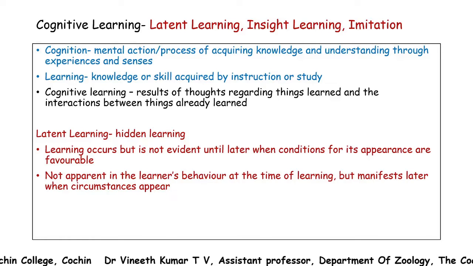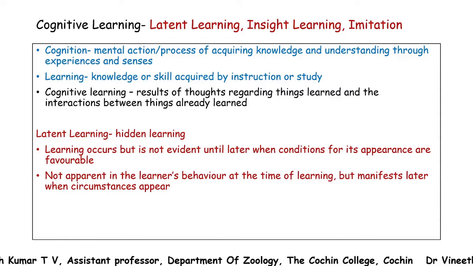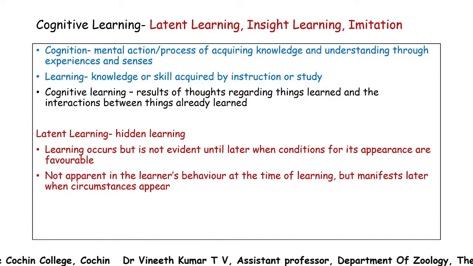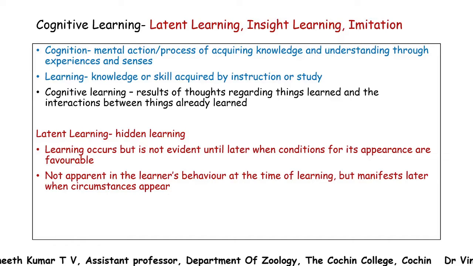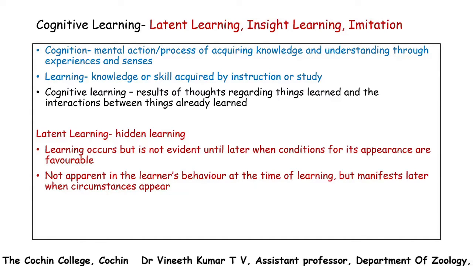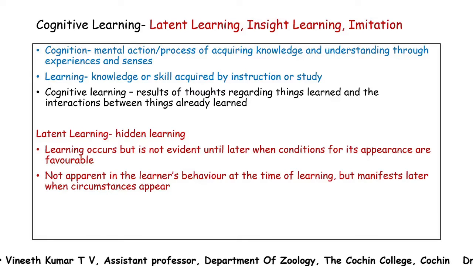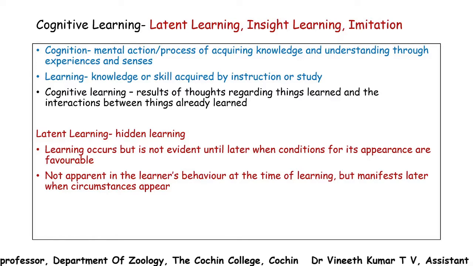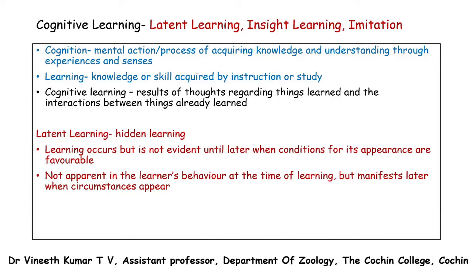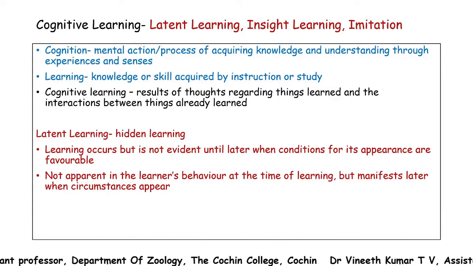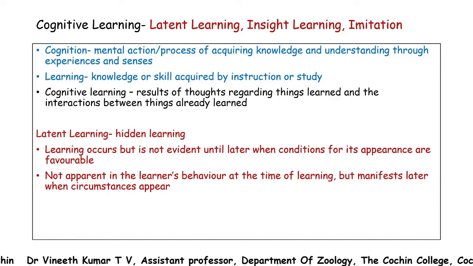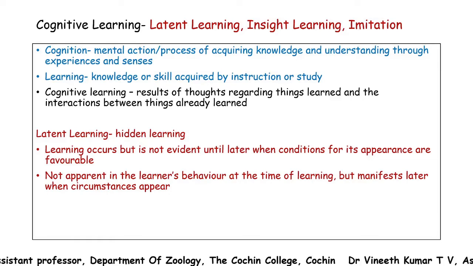So here learning occurs but is not evident until later when conditions for its appearance are favorable. That means during the first time when you are moving and asking someone, you are not realizing that you are learning the route. But on the second day, without asking anyone, you are going in the correct direction, and that is what is meant by it not being evident until later when the conditions for its appearance are favorable.